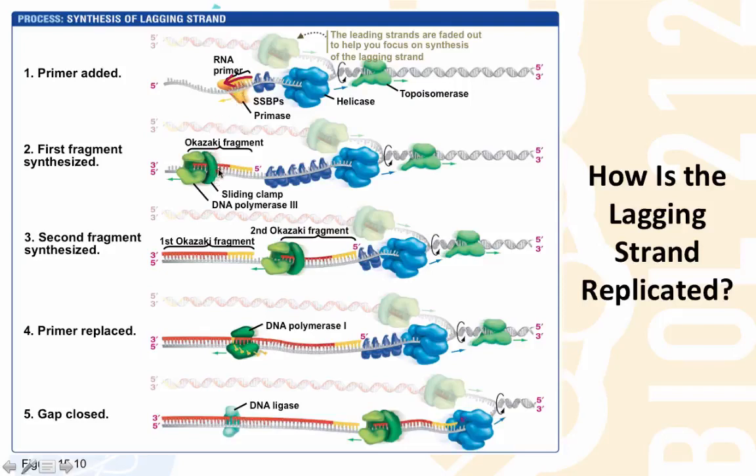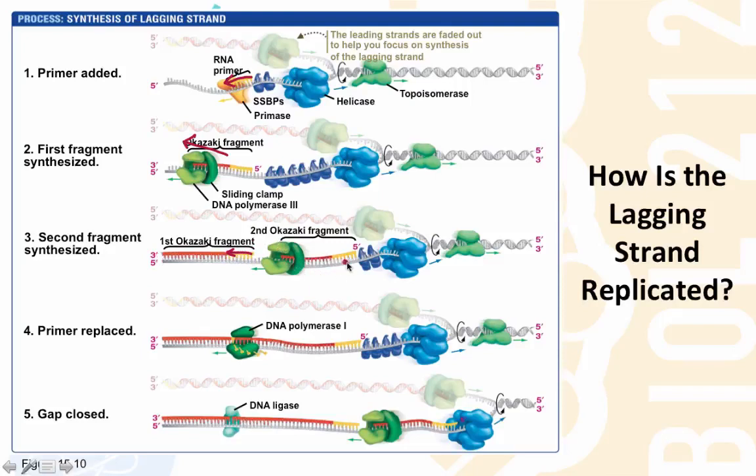The difference is that now the DNA polymerase 3 binds the primer and synthesizes DNA still in the 5' to 3' direction, but away from the replication fork. It continues to do this for approximately 1,000 base pairs, after which a second primer is synthesized, and the process continues to synthesize a second fragment.